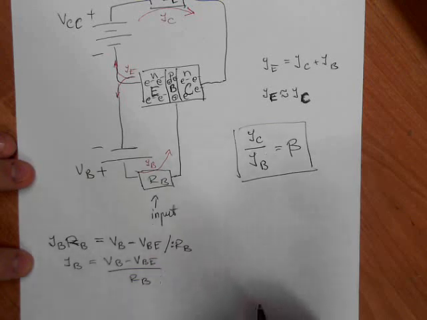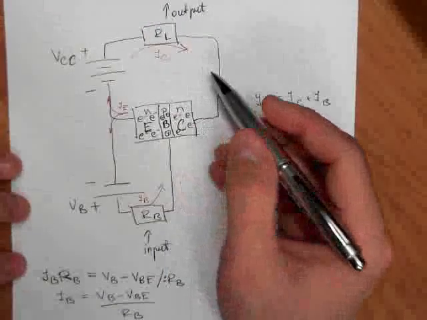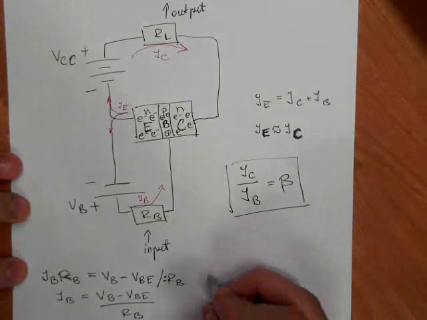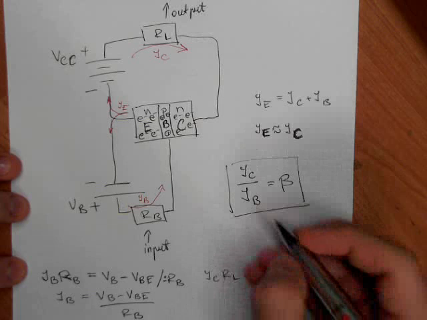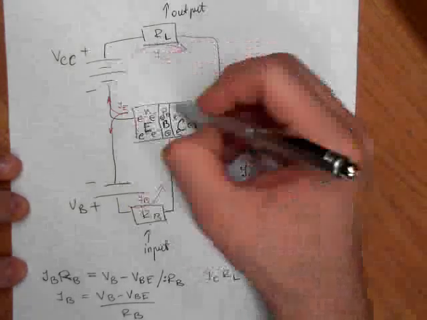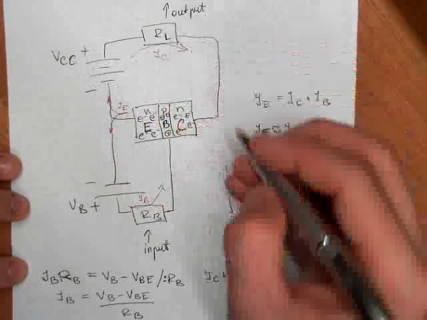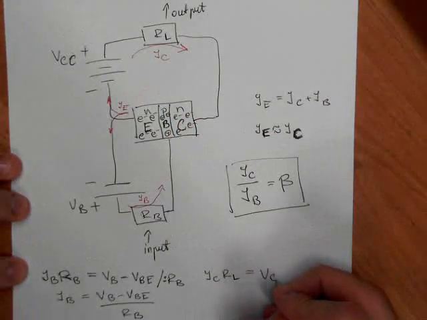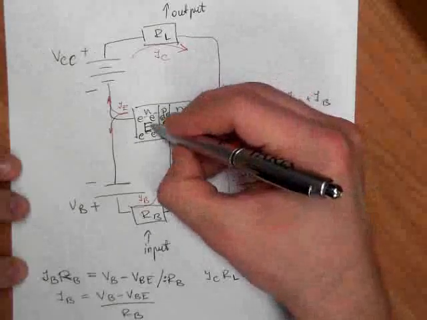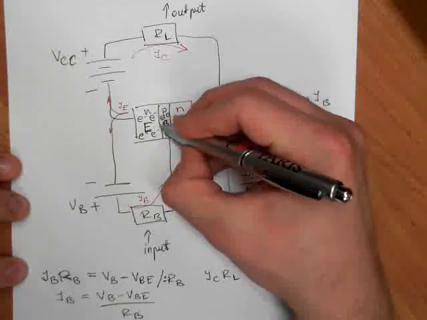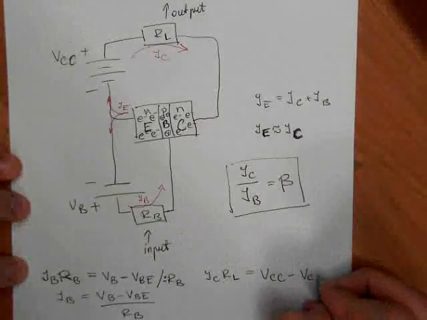Now another equation, it is for this part. So I can write IC times load resistance. The voltage from VCC can drop on ICRL, and between collector and emitter terminals it can drop across these PN junctions. So VCC minus VCE.